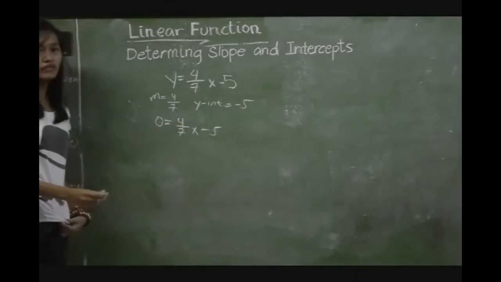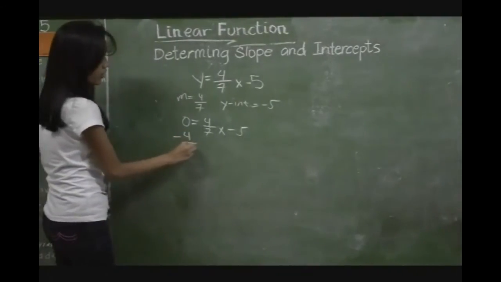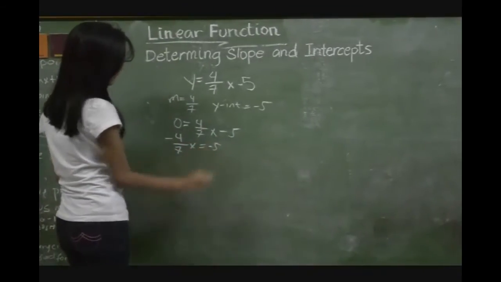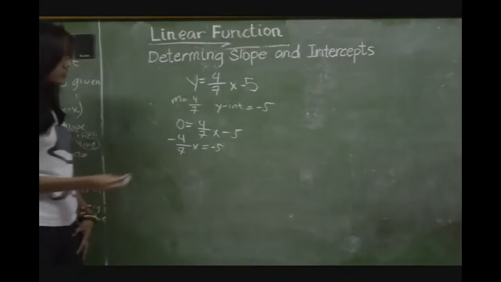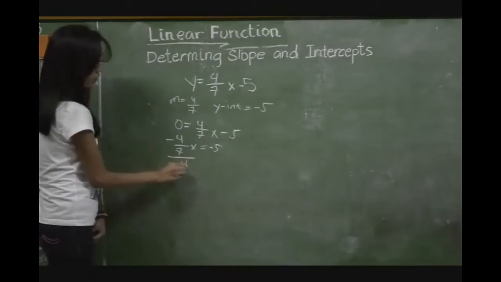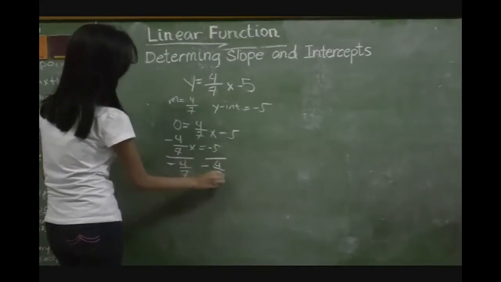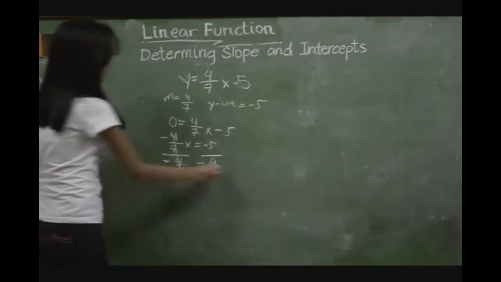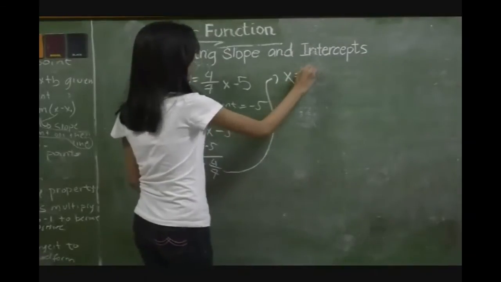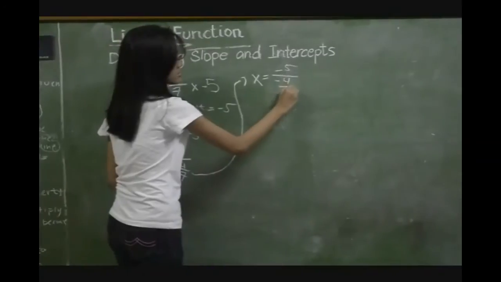Let us move 4/7x to the right, so it will become negative 4/7x is equal to, copy, negative 5. In order to isolate x, let us divide both sides by negative 4/7. So cancel. So the remaining is x is equal to negative 5 over negative 4/7.